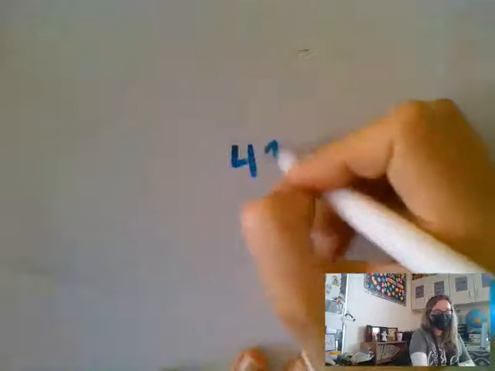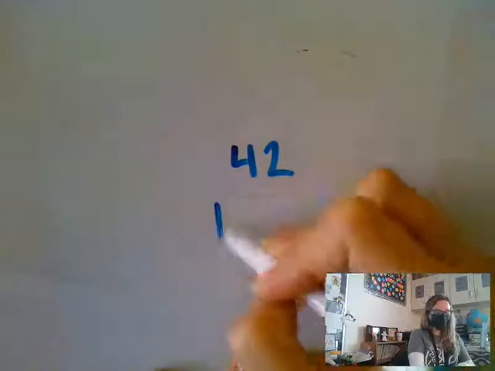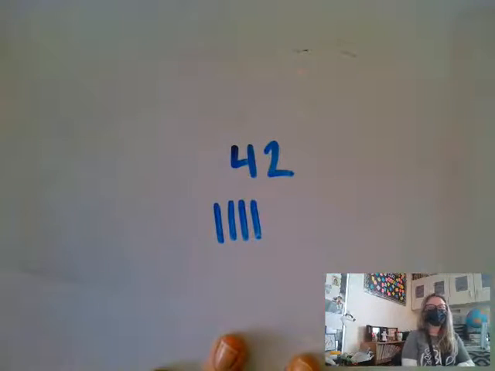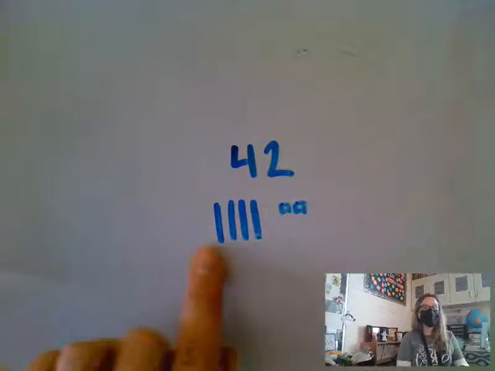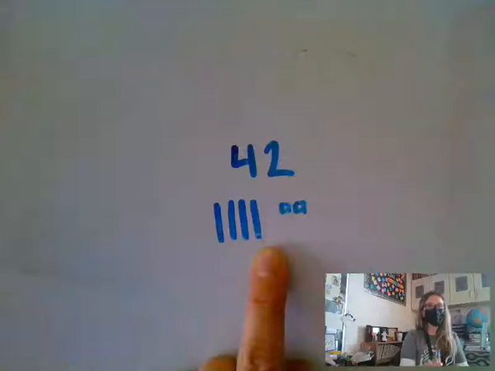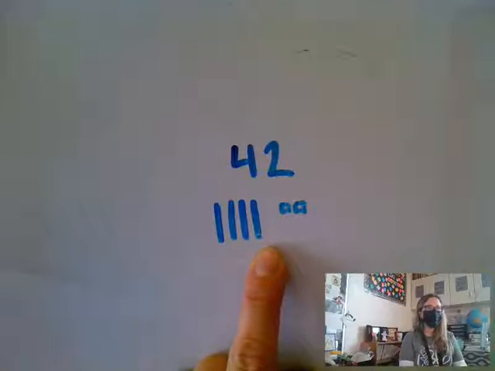Yesterday, we looked at breaking apart numbers with tens and ones. For example, the number 42. We know that it has 1, 2, 3, 4 groups of 10 and 1, 2 ones. Now these bars, boys and girls, as we know, represent 10 cubes.